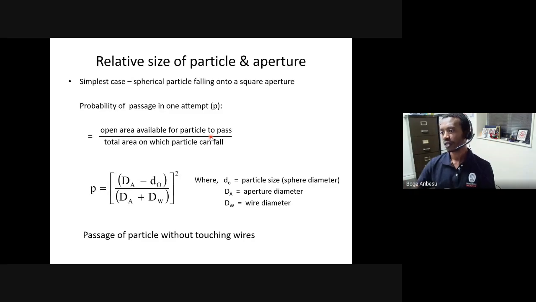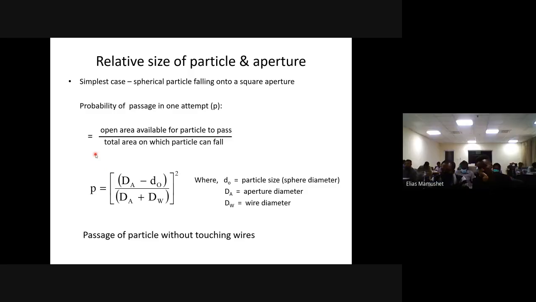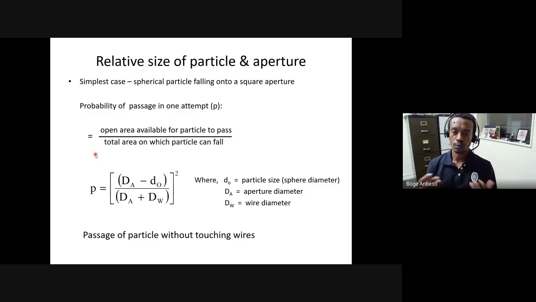How do we know that? We know that, for example, by using these empirical models given here. In this case, screening efficiency can be related to the probability of passage of particles, and that is dependent on the open area available for the particles to pass. This is the one I showed you earlier: the open area on the screen divided by the total area on which the particles fall, which is simply the area of the whole screen.